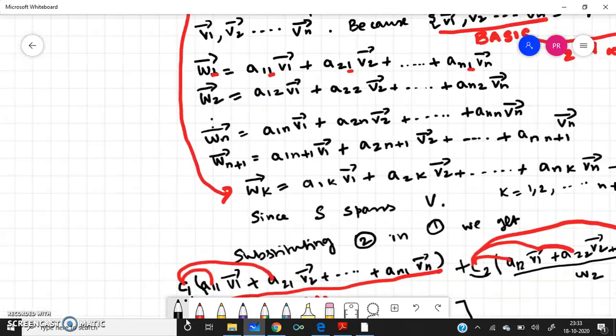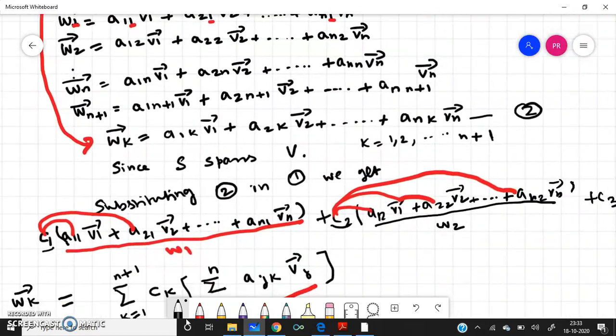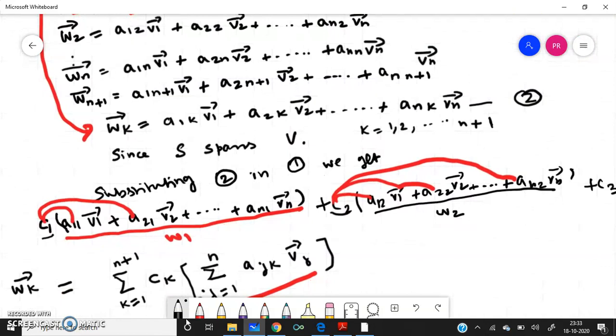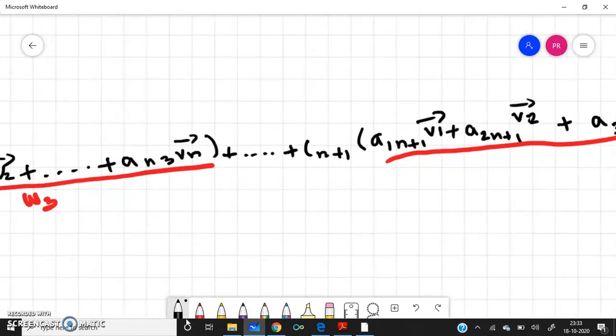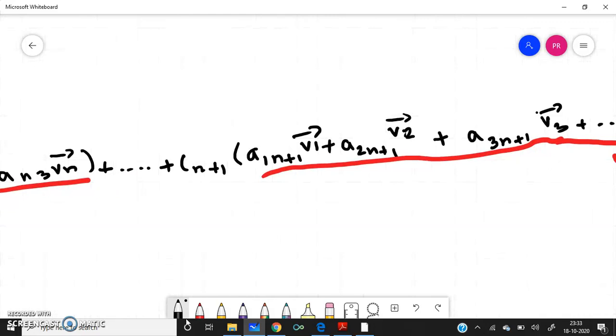Here you can see A11 into C1, A12 into C2 and so on to A1 n plus 1 into Cn plus 1.